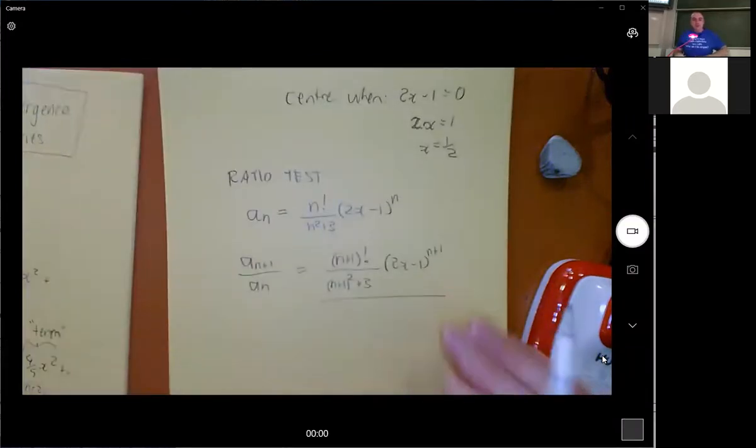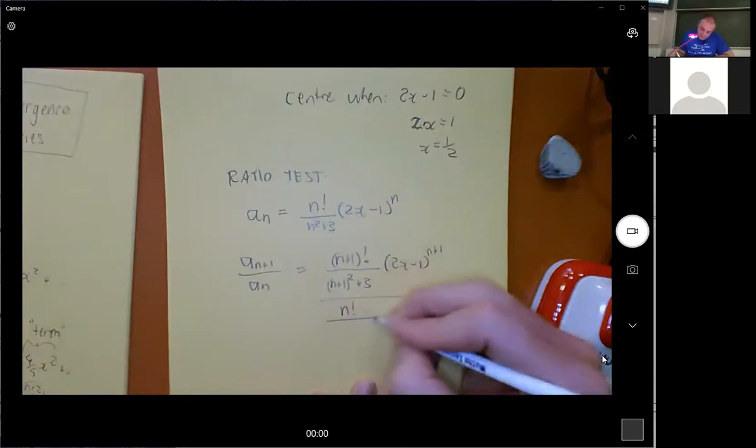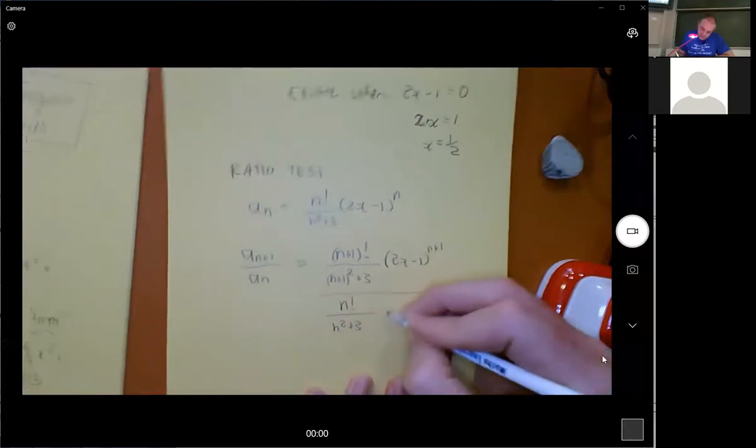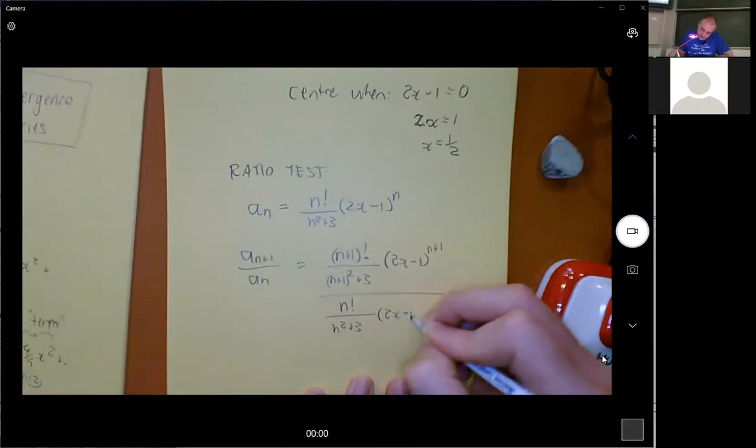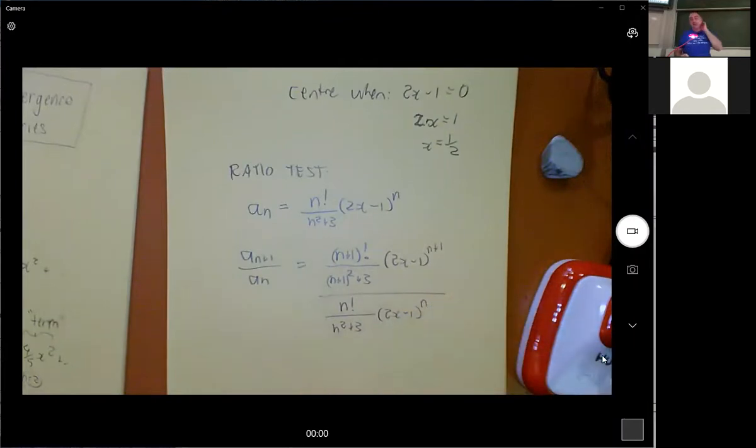Out of space there. Like that. So now I'm going to do the same trick I did last time I did the ratio test. I'm going to turn them upside down, but I'm going to try and put things together.